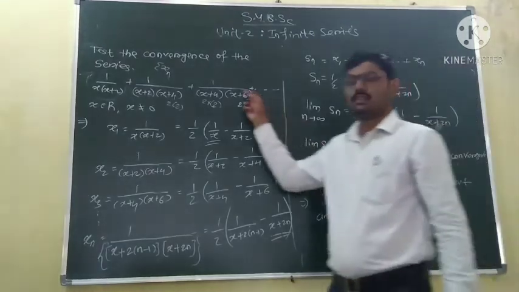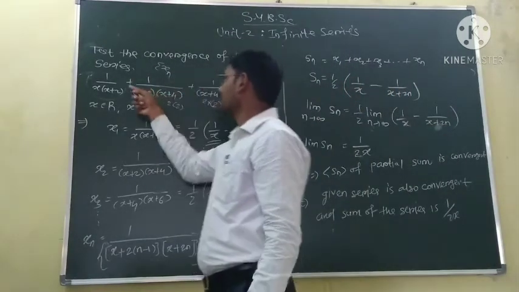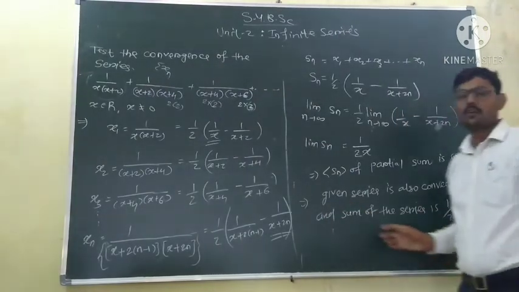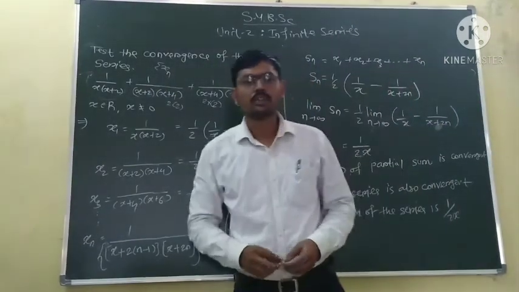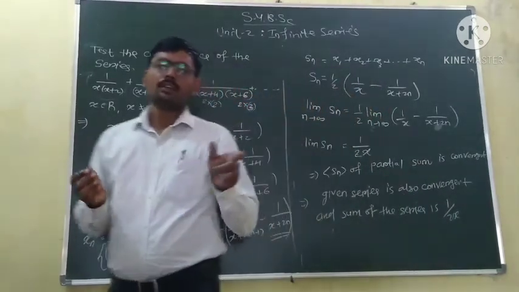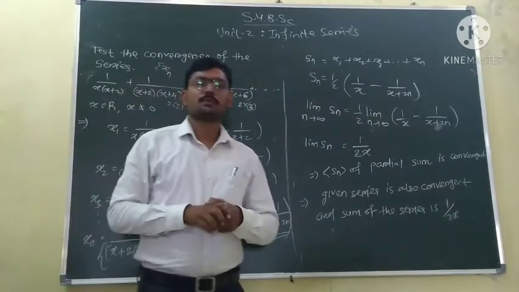So this series is convergent, and it converges to 1 upon twice x. This is the application of convergence based on the sequence of partial sums.